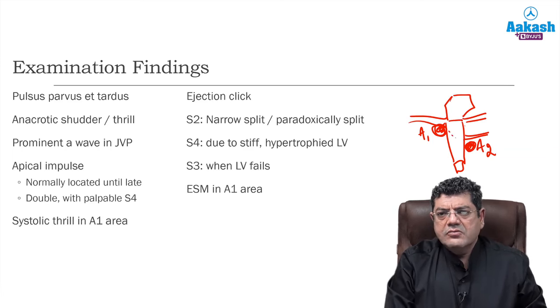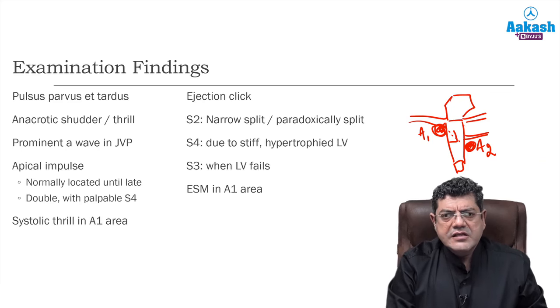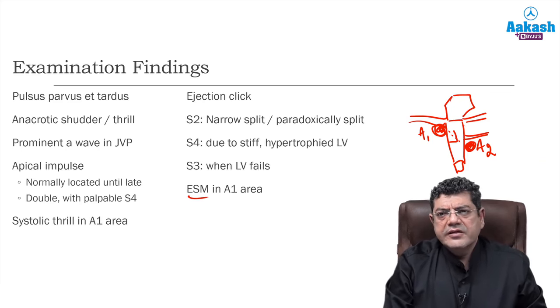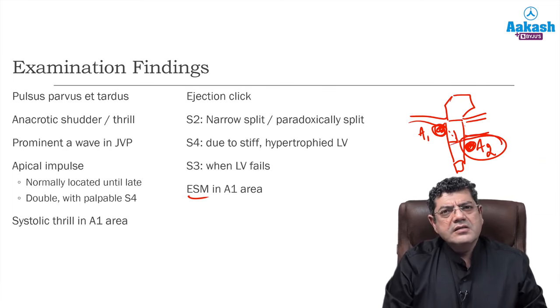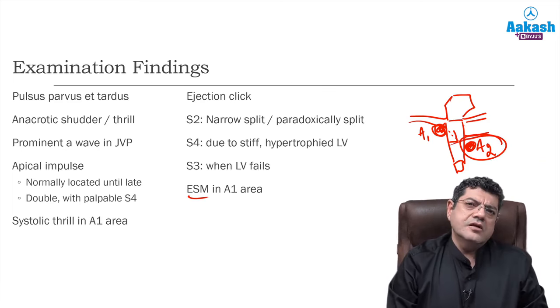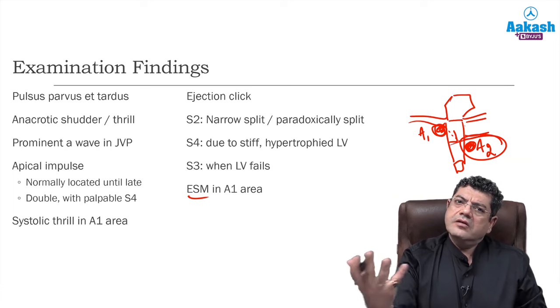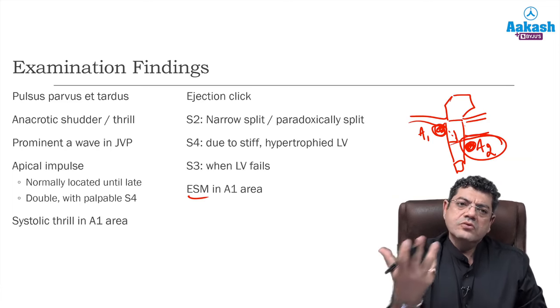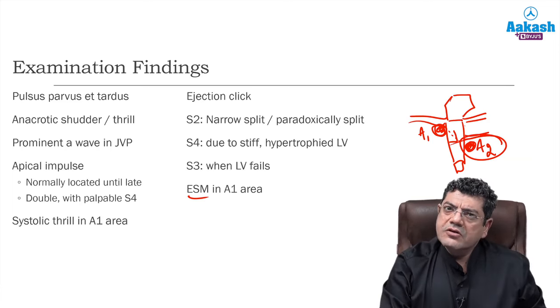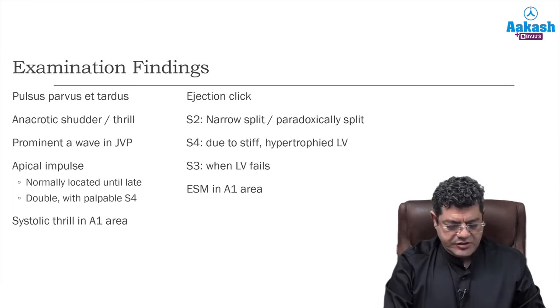As you come down in this direction, you will hear that this systolic murmur will initially disappear and then reappear at the second aortic area. This phenomenon is called the Gallavardin phenomenon. It can cause you to confuse aortic stenosis with mitral regurgitation.